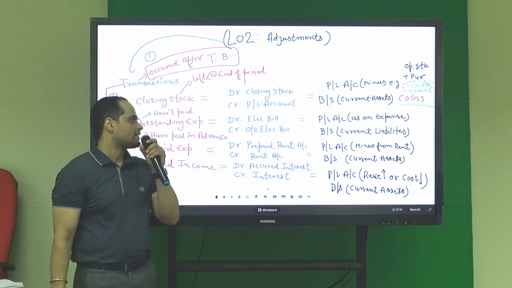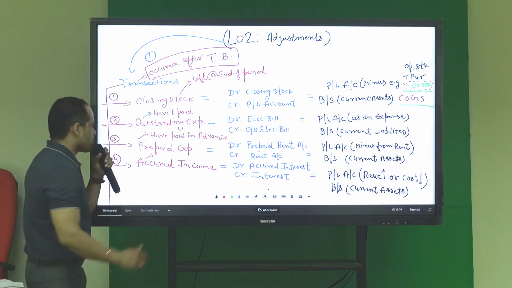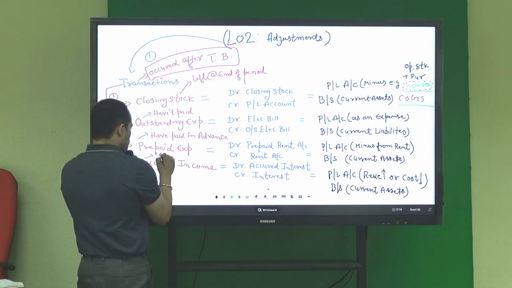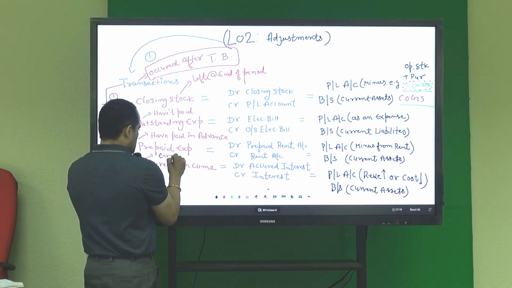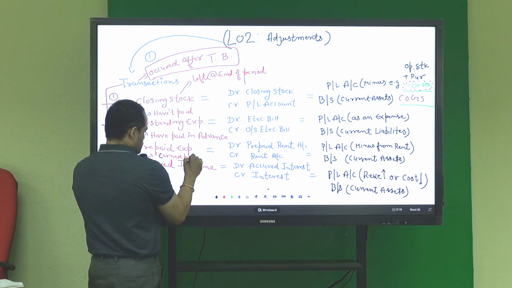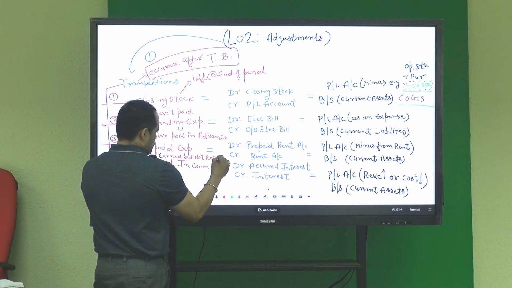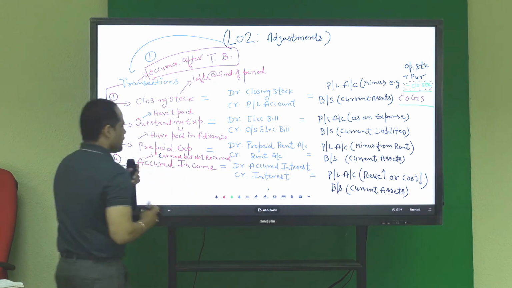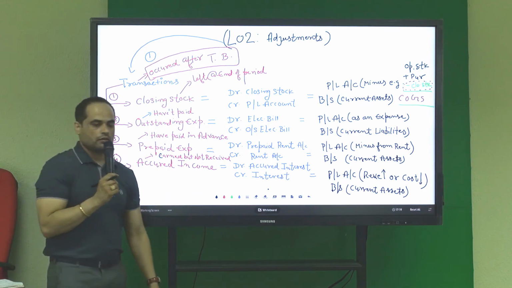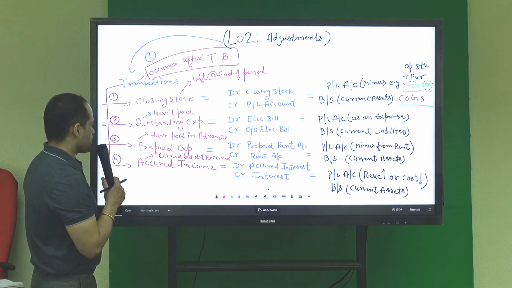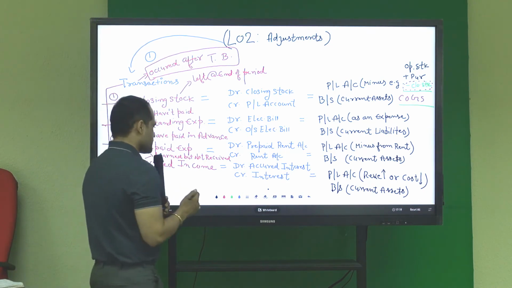That's called accrued income. Accrued income means, I forgot to mention, income we earn but have not received. All right, now move on to the next, number 5.